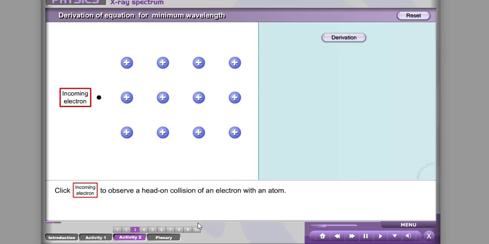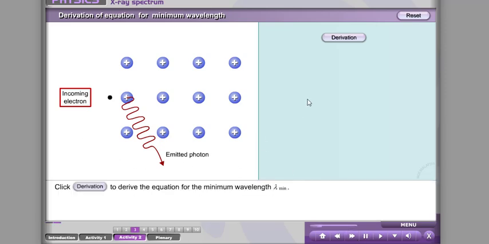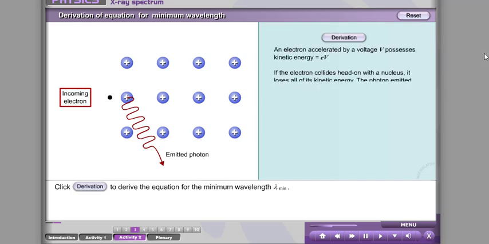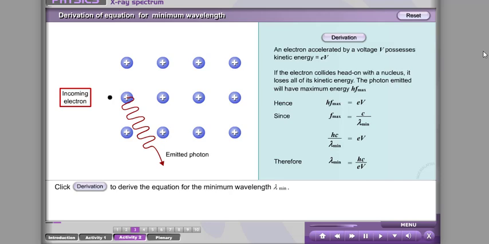Click the incoming electron button to observe a head-on collision of an electron with an atom. Click the derivation button to derive the equation for the minimum wavelength lambda minimum.